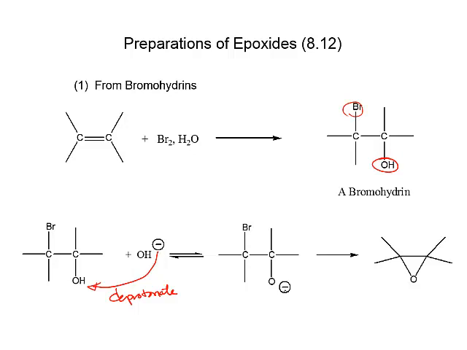That makes an O-. That O- then is perfectly set up to do a backside attack on that carbon and kick the bromine off, so it does an SN2 reaction.